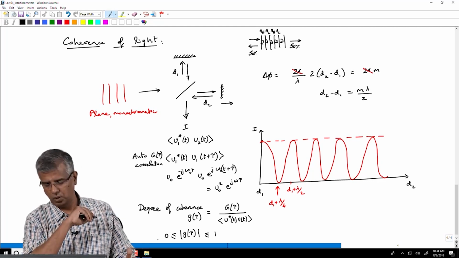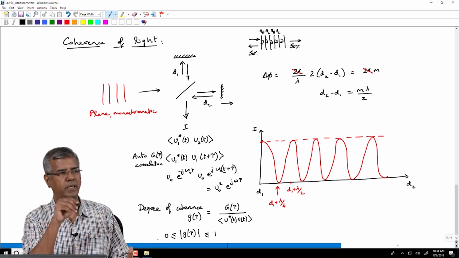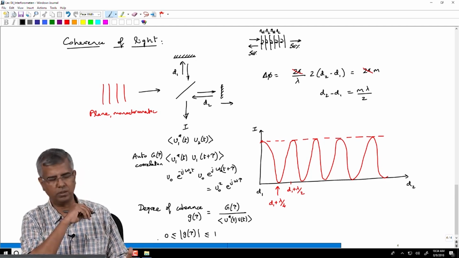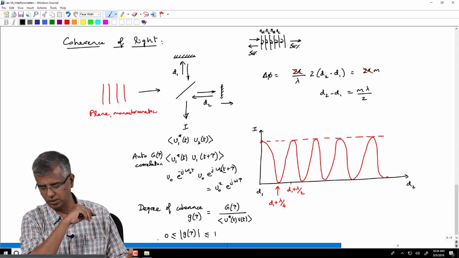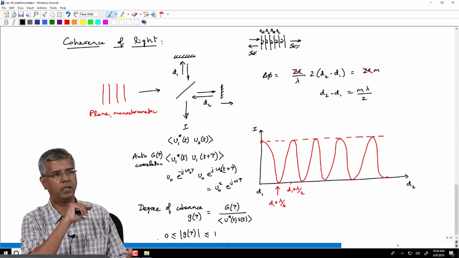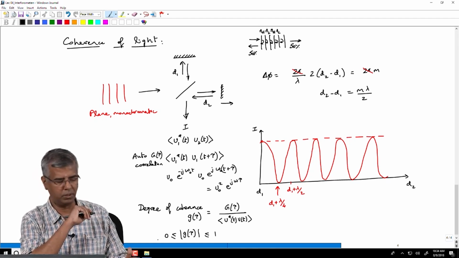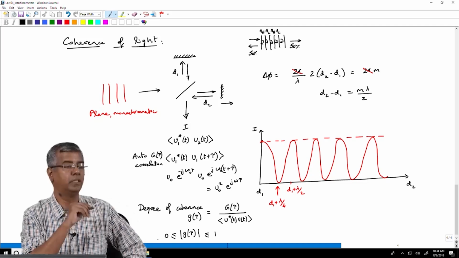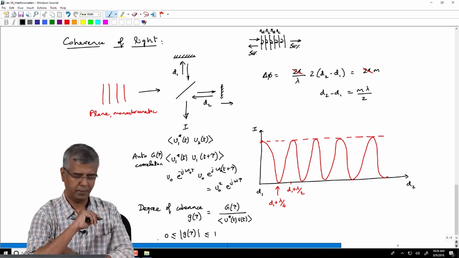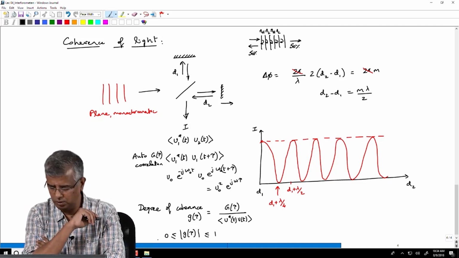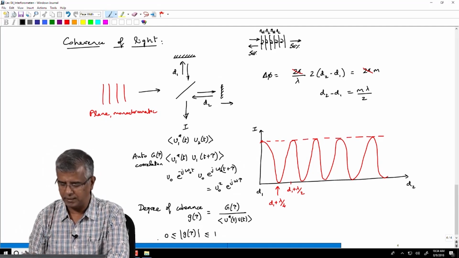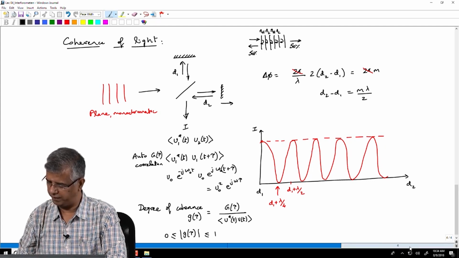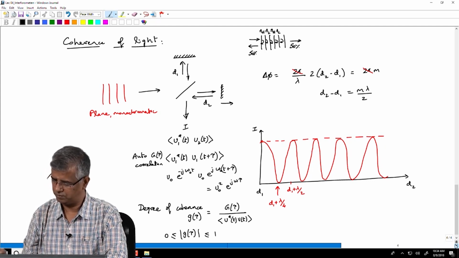So, we say 1 corresponds to a perfectly coherent source, in this case what you call a monochromatic source, and g of tau equals 0 corresponds to a perfectly incoherent source, okay.